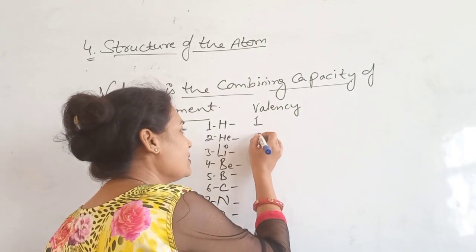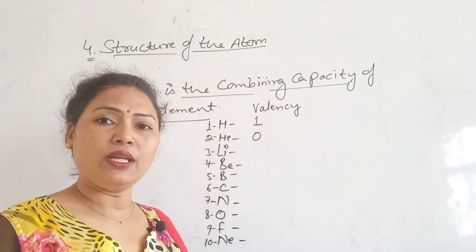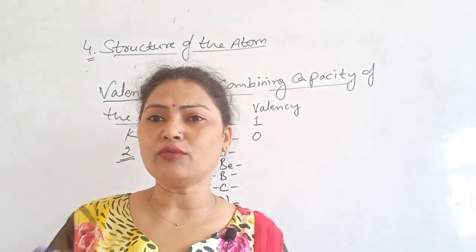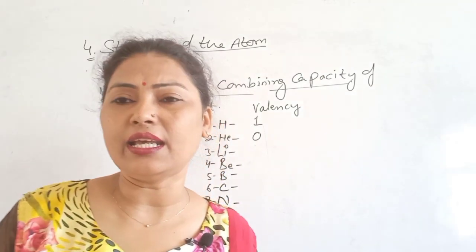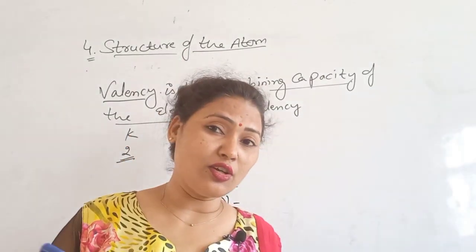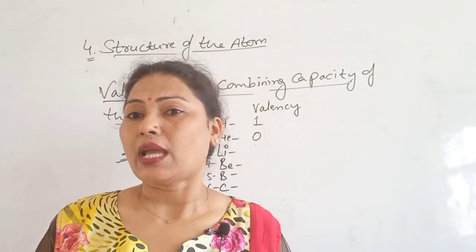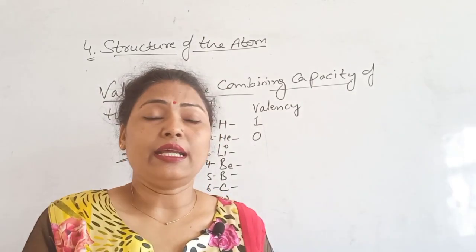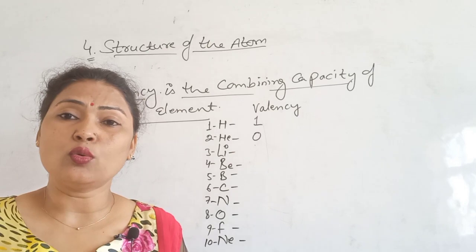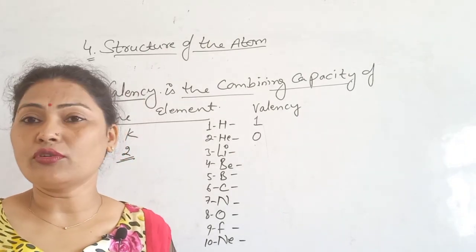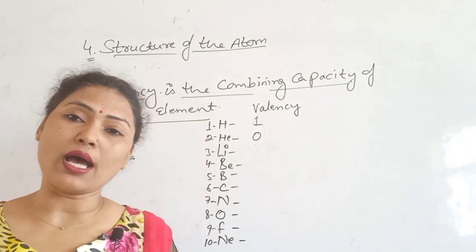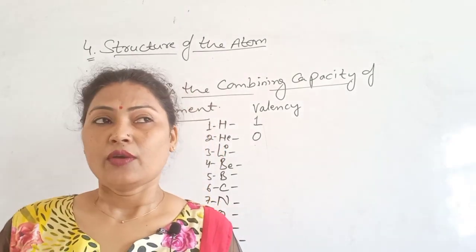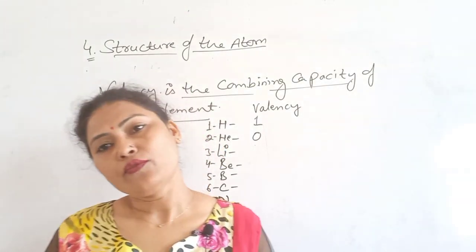So valency becomes 0. Valency is the combining capacity of the element. It means it will lose or gain electrons. That is the valency of that specific element. So if the valence shell contains 1, 2 or 3 electrons, then it will lose 1, 2 or 3 electrons. If it contains 4 electrons, the valency is 4.